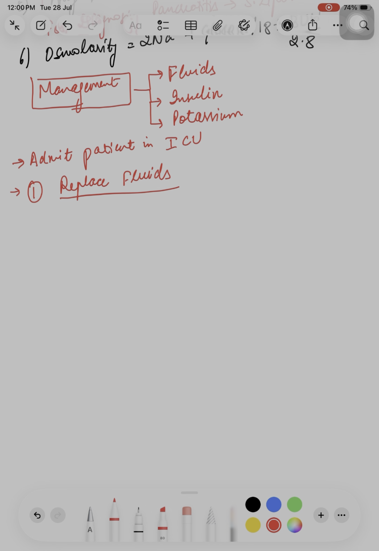In diabetic ketoacidosis, there is a volume deficit of around 4 to 6 liters for an 80 kg adult. So what you have to do is start with 0.9% NS at 1 liter per hour.